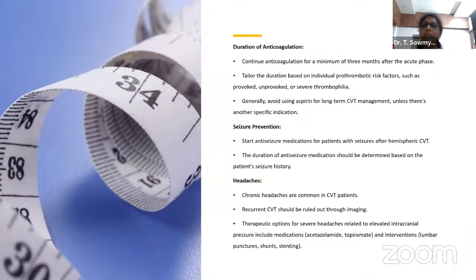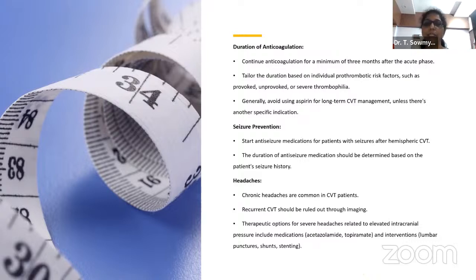And the duration of anticoagulation is 3 months after the acute phase at minimum. And we can tailor the duration based on the prothrombotic risk factors, whether they are provoked or unprovoked or a severe thrombophilia. And we generally avoid using aspirin for long-term CVT management unless there is any specific reason or indication.